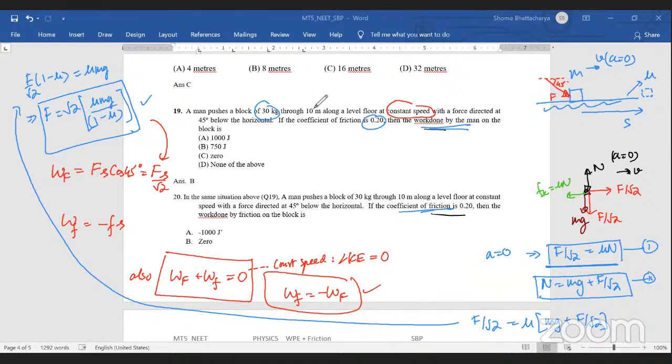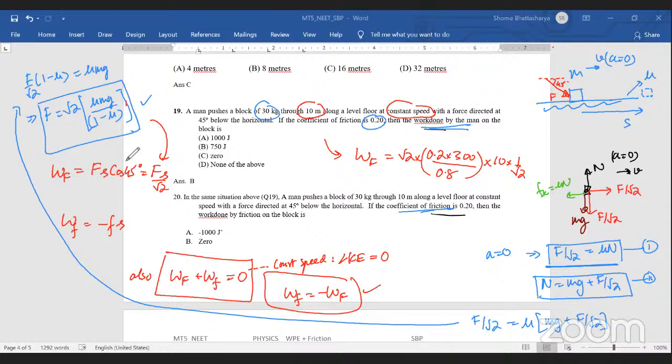Now in the first part, you have to calculate the work done by F in 10 meters. So that will become root 2 into mu mg, that is 0.2 into 300 newtons, divided by 1 minus mu, that is 0.8, into S, which is 10 meters, into 1 by root 2.